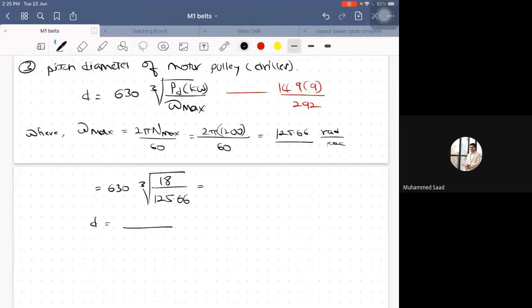So d is 329.66 mm. You need to standardize this value.